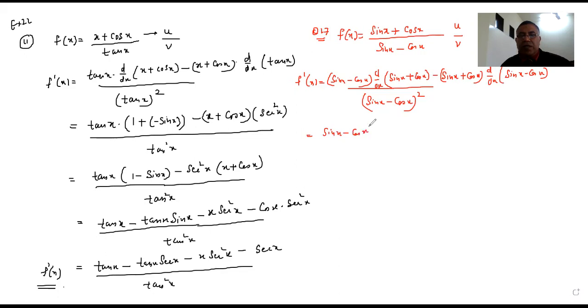Derivative of sin x is cos x, minus derivative of cos x, this is minus sin x, so sin x plus cos x. Derivative of sin x is cos x, derivative of cos x is plus sin x.